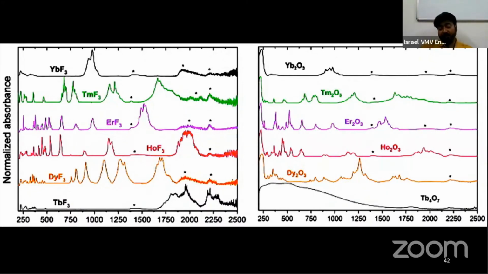The advantage of using these lanthanide materials as nanoparticles over organometallic complexes is that the nanomaterials show strong absorption. The luminescence is so sharp, and you find sharp bands in the case of nanomaterials.